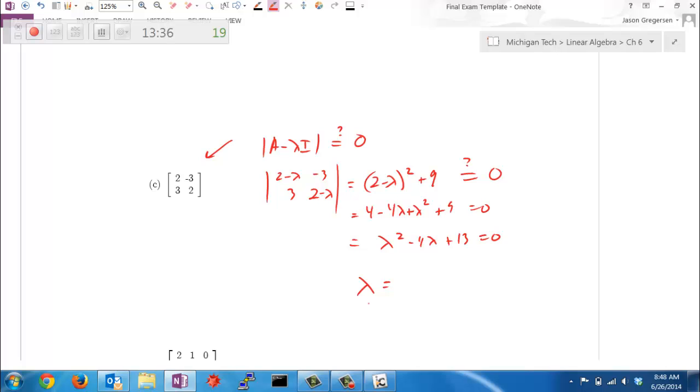So if I use the quadratic formula, I'll have minus b plus or minus the square root of b squared minus 4ac. 4 times 1 times 13. That gives me a value of 52. All over 2a.